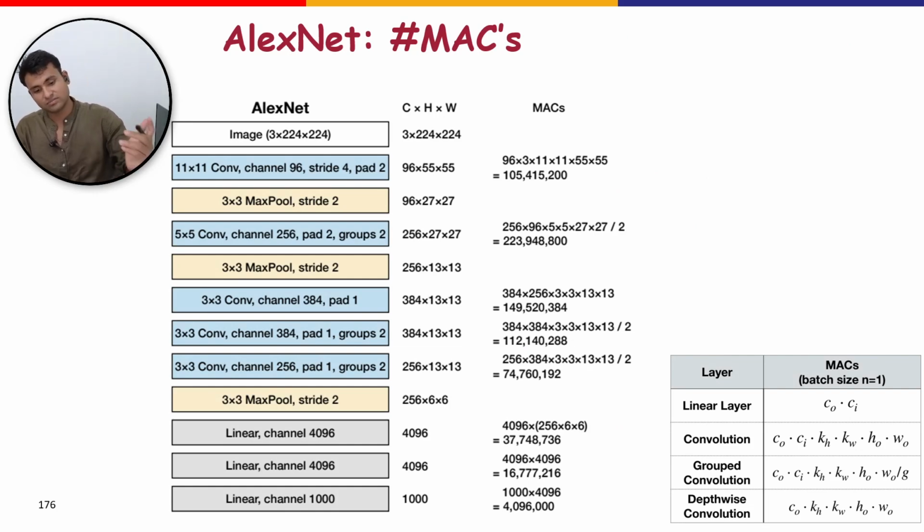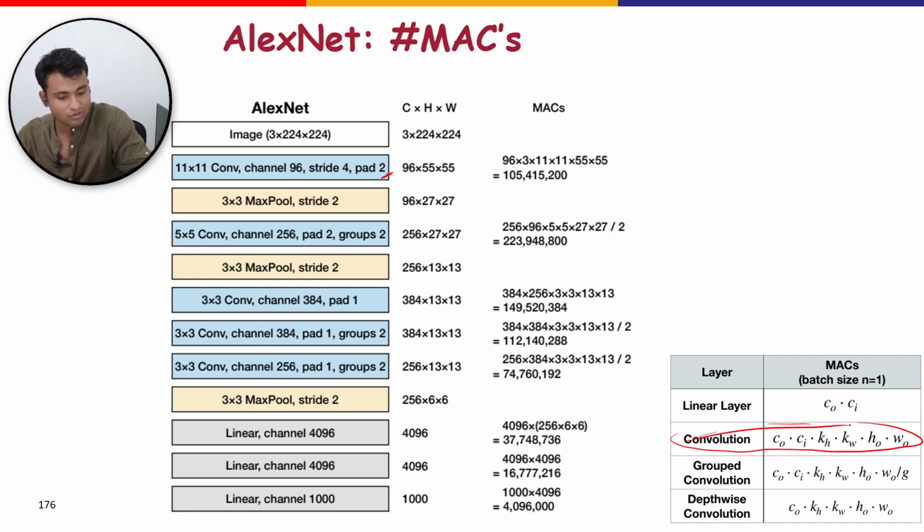Again, let's try to calculate the number of MACs for AlexNet. Previously we saw activations, right? This time we'll calculate MACs. So for MACs, what is required if you're in this convolution? Here I've placed this block. You can easily calculate that your kernel height and kernel width is 11 cross 11, and your output height and output width are coming from here, right?